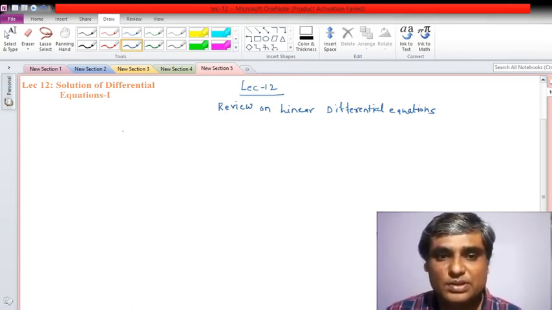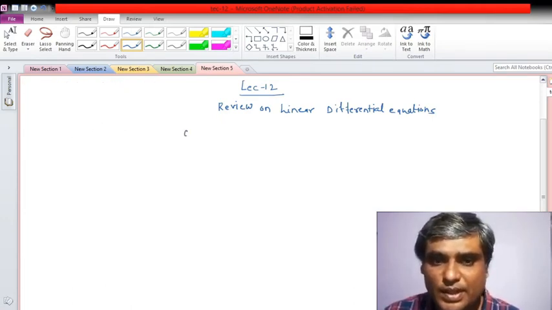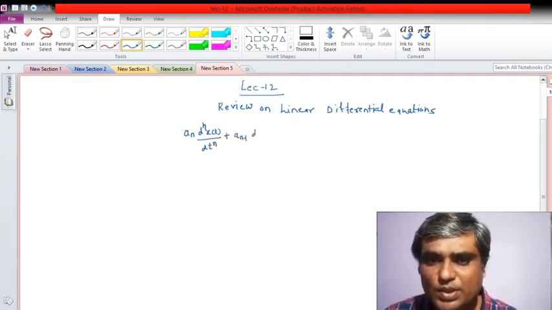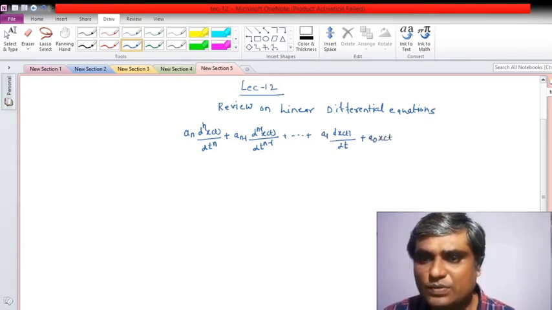So suppose the differential equation I write as a_n d^n x(t)/dt^n plus a_(n-1) d^(n-1) x(t)/dt^(n-1), and so on, plus a_1 dx(t)/dt plus a_0 x(t), which will be equal to some forcing function f(t).